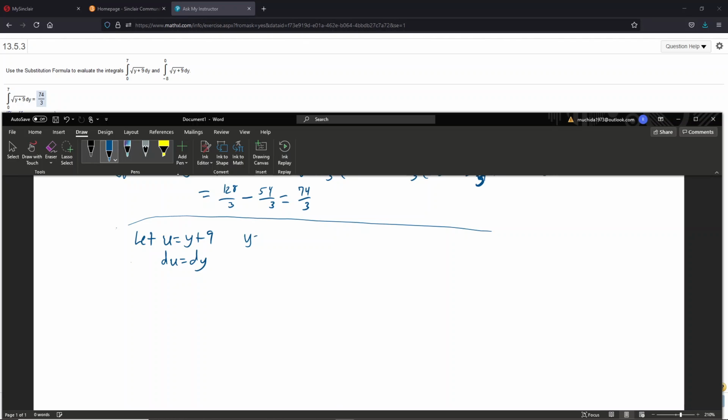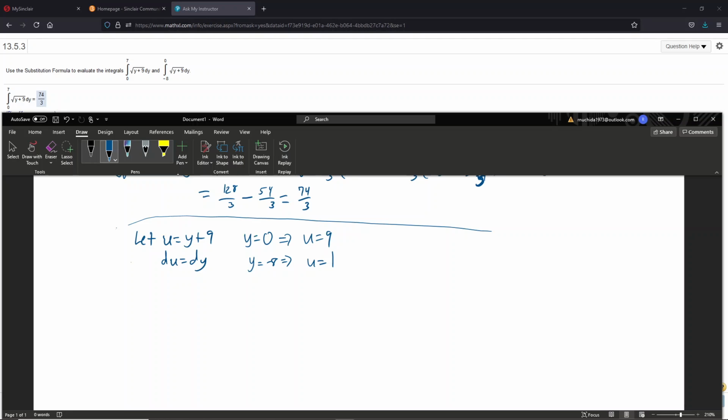So when y is 0, that corresponds to u being 9. And for our lower limit, when y was -8, plugging in -8 for y gives -8 plus 9, so that's 1. So u would be 1.